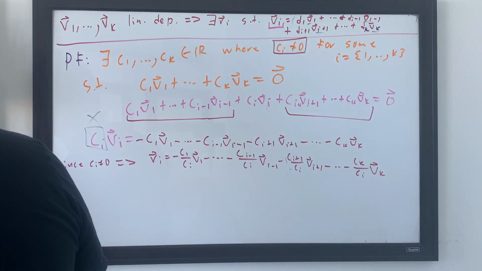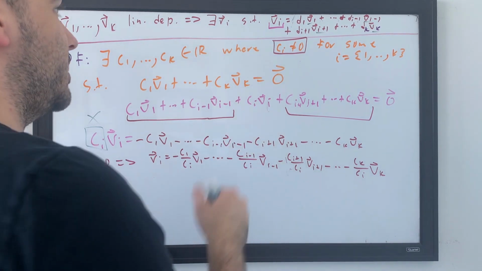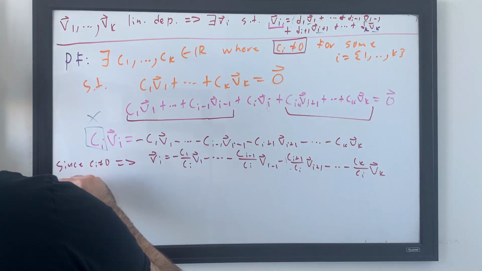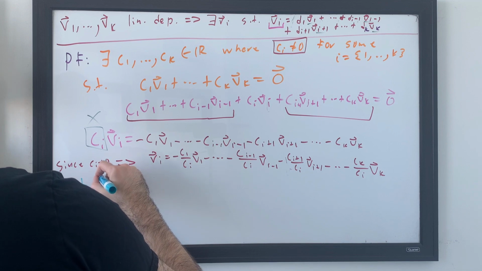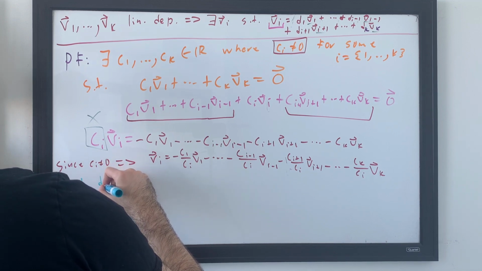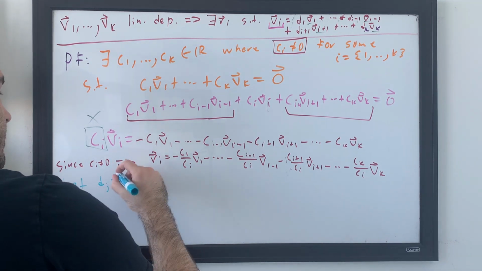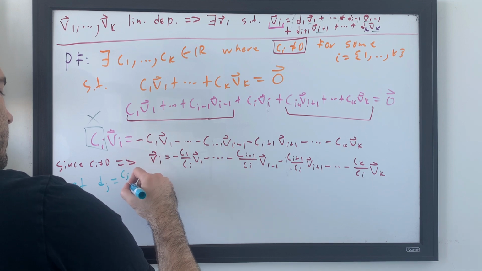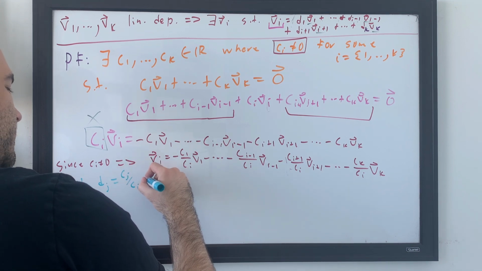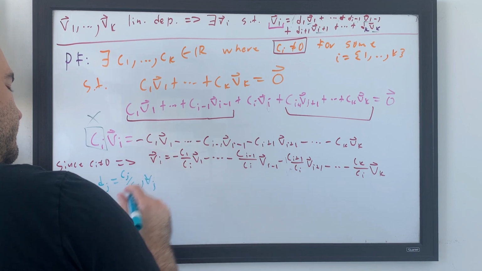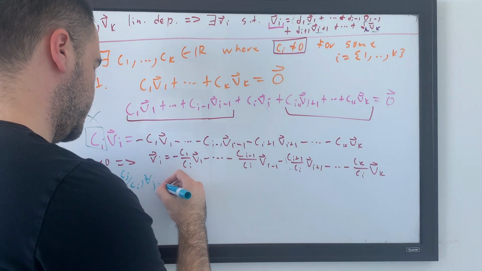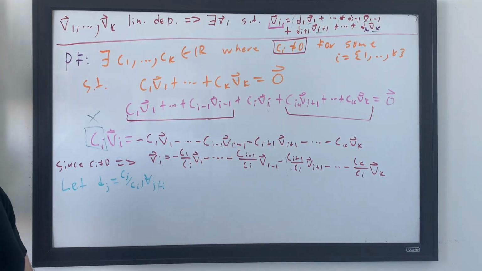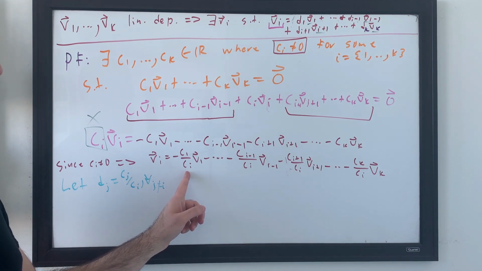So all we have to do now is find out what d is. So let dj equal to minus cj over ci for all of the j's where j is not equal to i. So every single number here, I am now replacing.